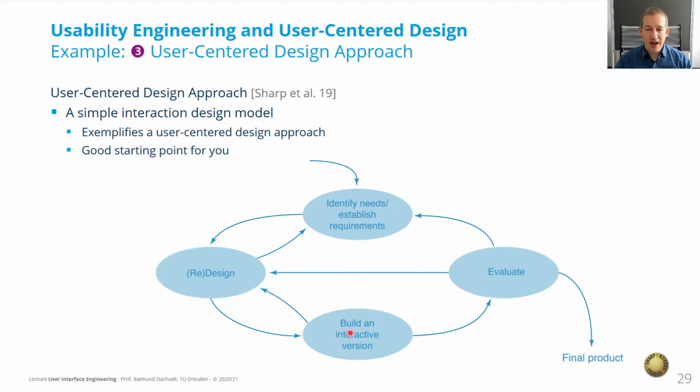And then after you build an interactive version, a prototype first of all, you evaluate. You might need to go back to the requirements because you have missed something. You might need to go back to the design and redesign parts of your system. And at the end, after some evaluation, the final product arises. So this is a very realistic cycle.